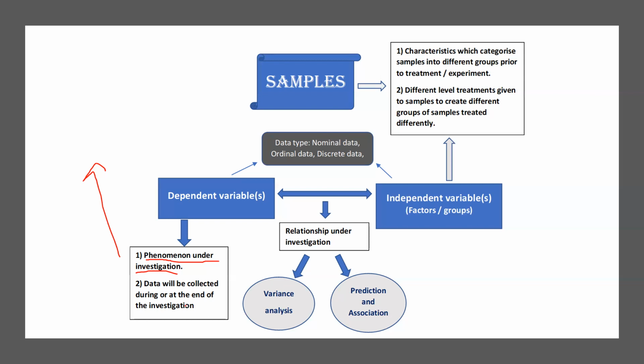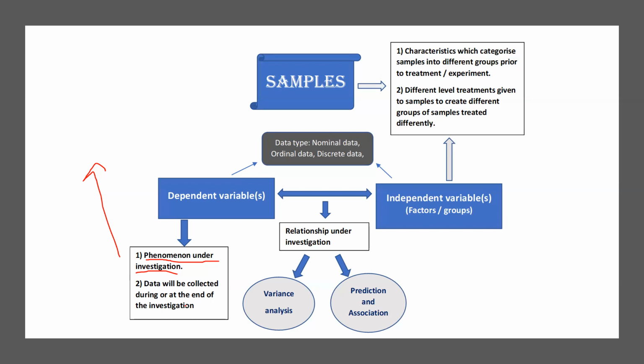For instance, if I go to a hospital and I'm doing a survey on patients, maybe their recovery or their response to a particular treatment, I must have some characteristics that can put my samples into groups. Demographic characteristics can do that: male, female, different levels of education. Then you also have other characteristics.